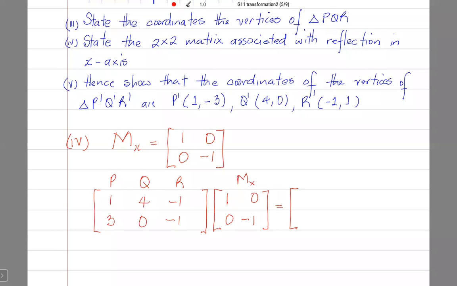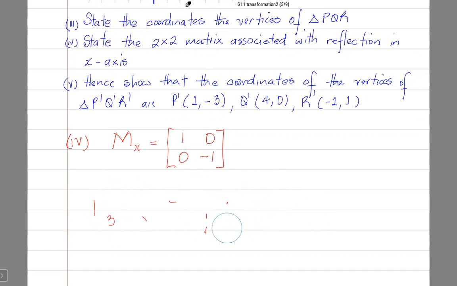So we're going to multiply what? The number of columns in the first matrix must be equal to the number of rows in the second matrix. So I've got to switch these around. We're going a little bit slow, but let's follow. 1, 0, 0, -1. Remember, 2 matrices are compatible.